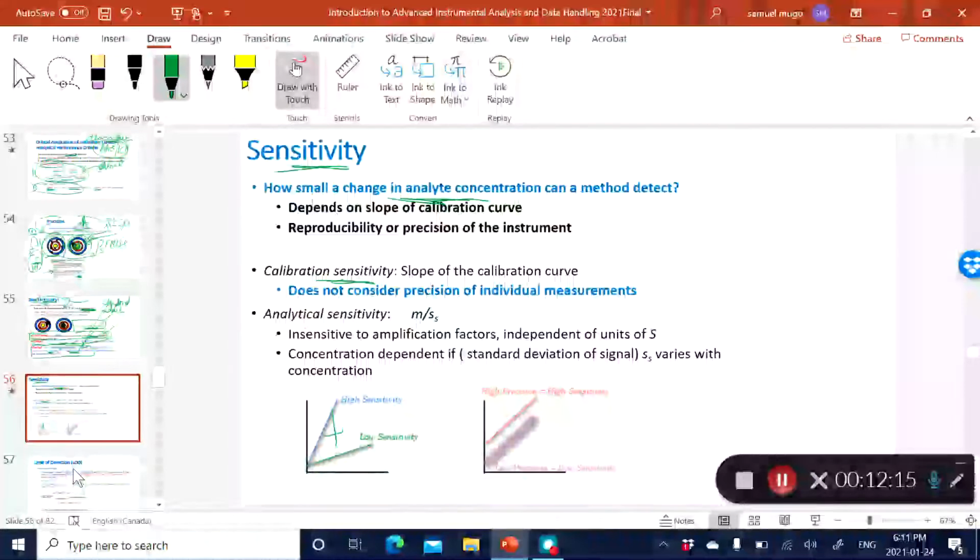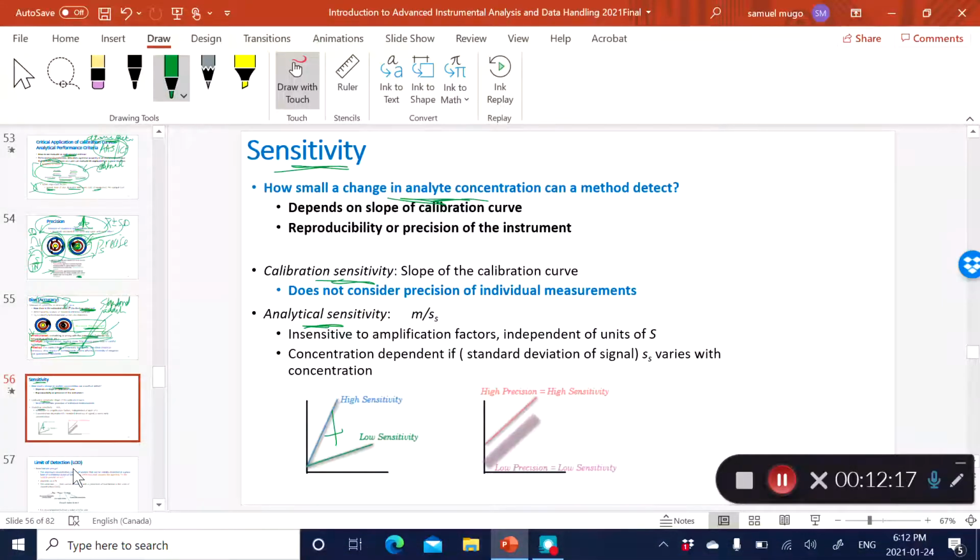On the other hand, you've got analytical sensitivity, which is the calibration sensitivity, which is m, divided by the standard deviation of the measurements. So you can see in this case, if you put in the error bars in your calibration, it's accounted for in the analytical sensitivity. And so you can see sensitivity is affected not only by the slope of the calibration curve, but also by the reproducibility or the precision of the instrument.